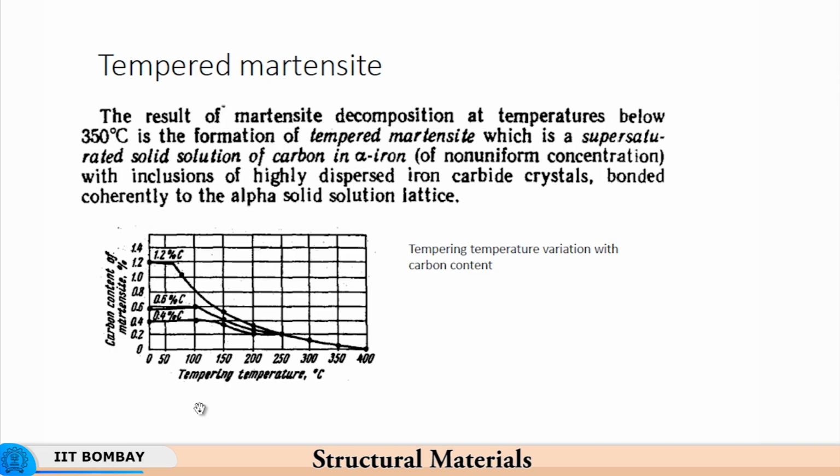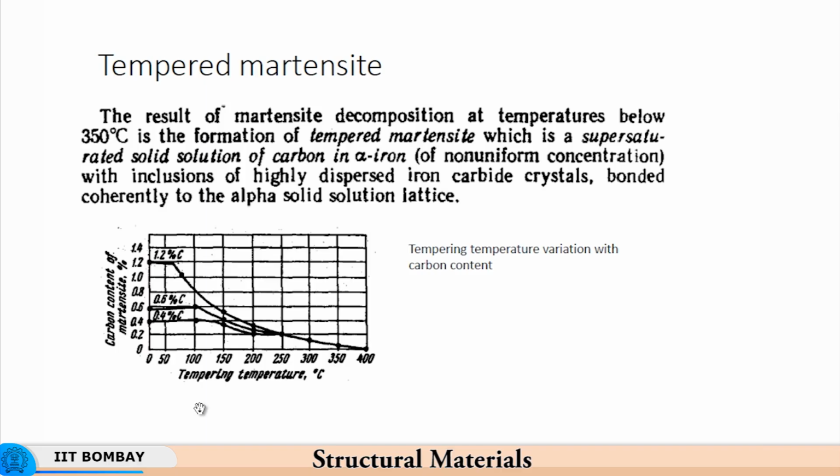If you look at 0.6% carbon, the tempering temperatures are relatively higher. For 0.4% carbon, it is further higher, because carbon does not come out readily from this lattice. So, if you have a small amount of carbon, you need a higher tempering temperature.